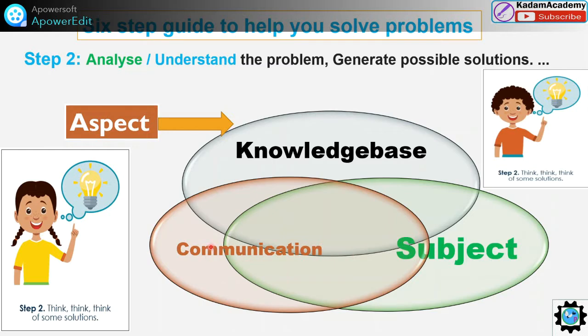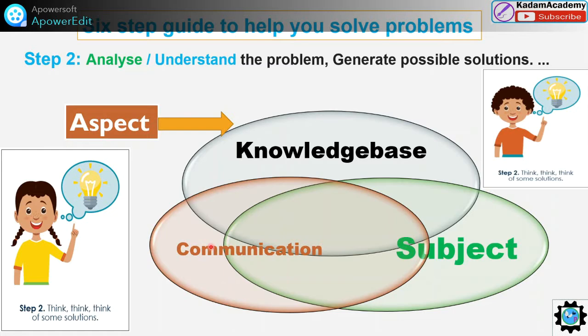The next step in problem solving, after the identification, is to define the problem and understand the problem. Okay, the first step is to identify and understand the problem by using your knowledge, communication, and subject.